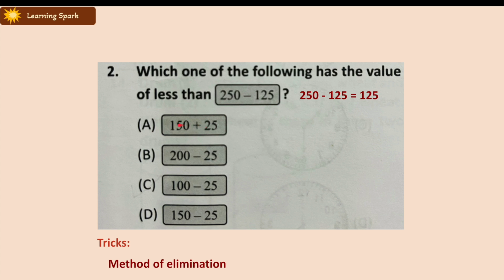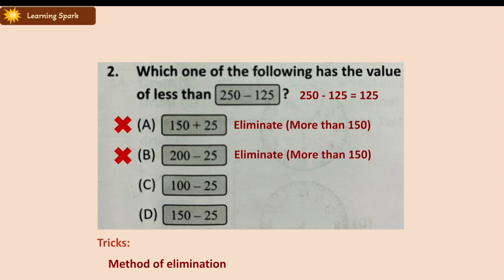Okay, answer A, for example, 150 plus 25, this is more than 150, so this cannot be less than 125, so we eliminate it. Second one, 200 minus 25, which is more than 150 again, so we eliminate it again.